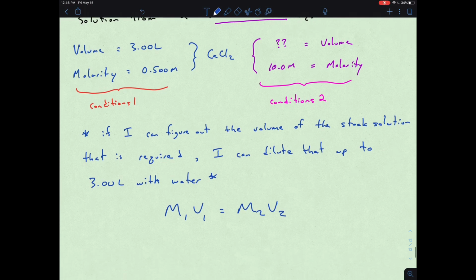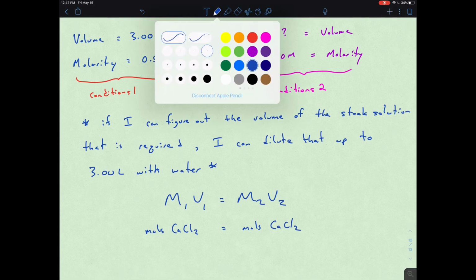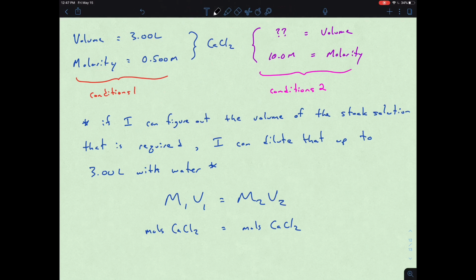What's equal on both sides is that the moles of the calcium chloride is equal to the moles of the calcium chloride. And so I'm just trying to relate the volume molarity issue, the concentration volume issue. So if I start to plug them in, I have my molarity of 0.50 molar.